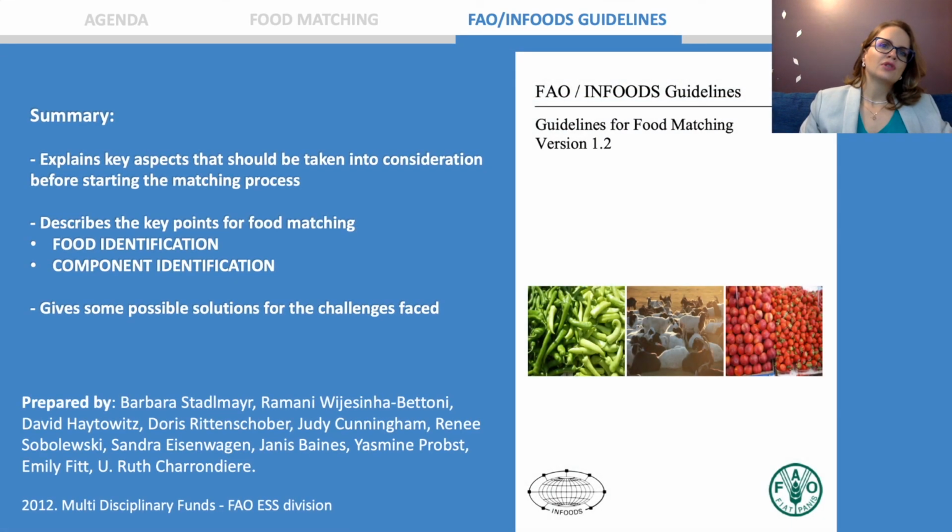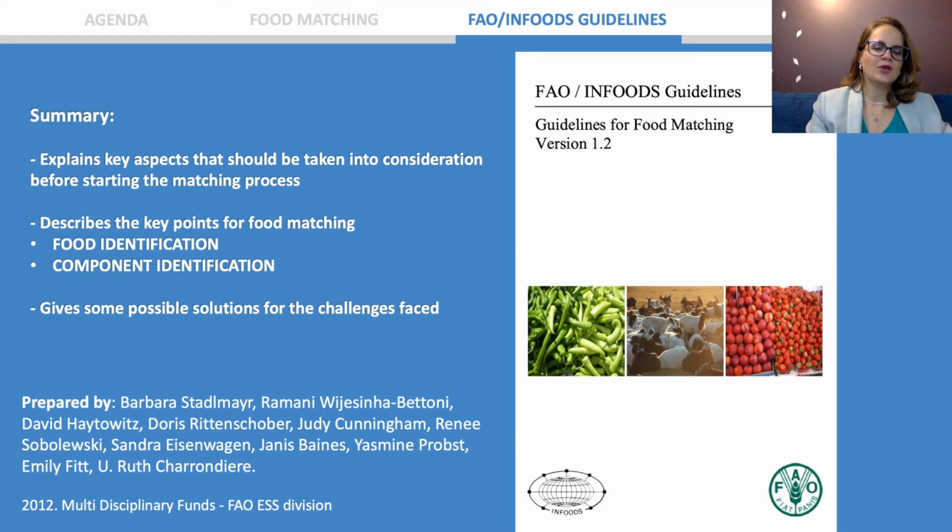Well, so to summarize what we can find in the FAO INFOODS guidelines for food matching, we can find the key aspects that should be taken into consideration before starting the food matching process, and it also describes the key points for food matching, including the food identification and the component identification. And additionally, it gives some possible solutions for the challenges that we may face during the matching process.